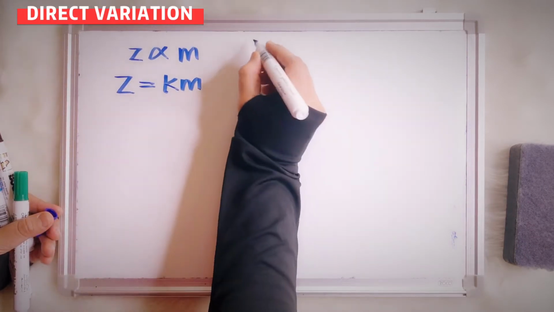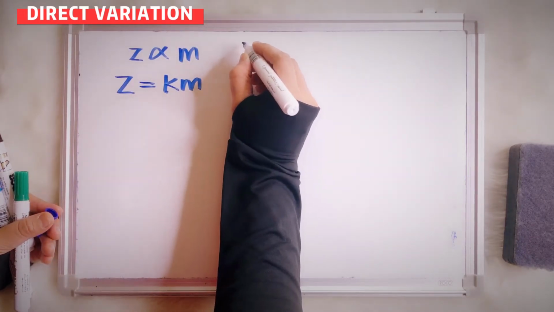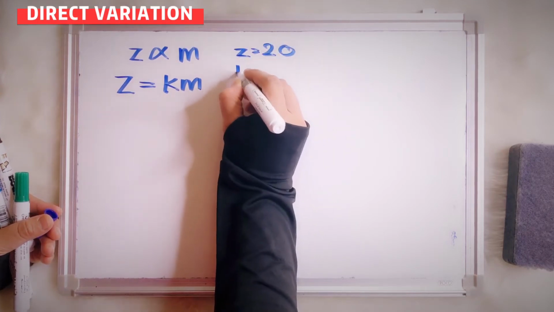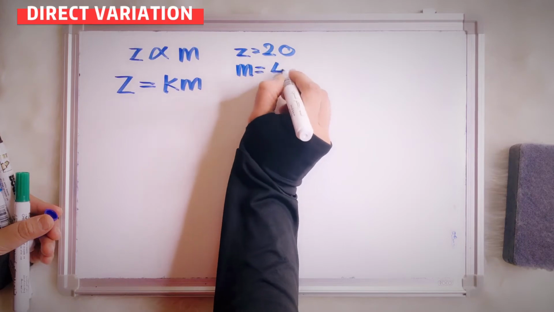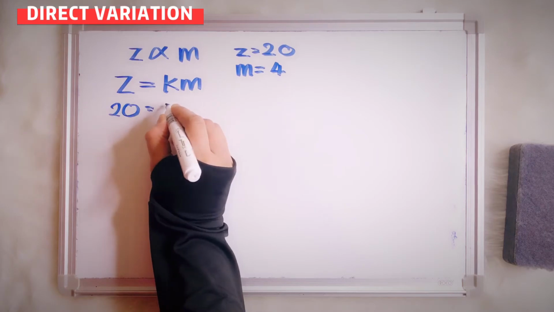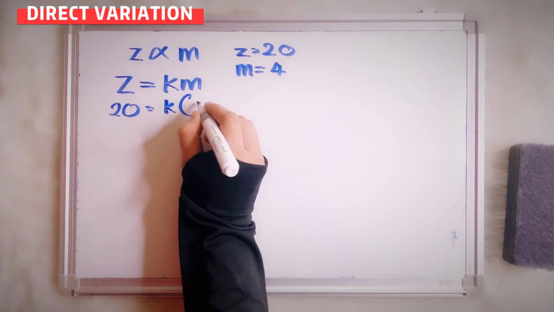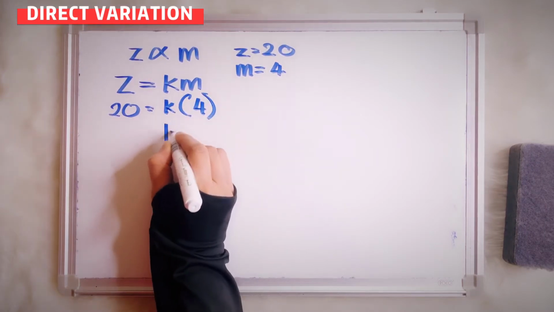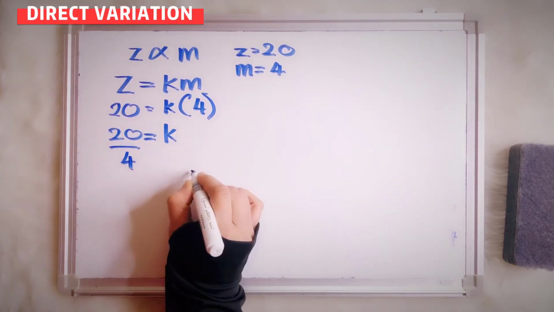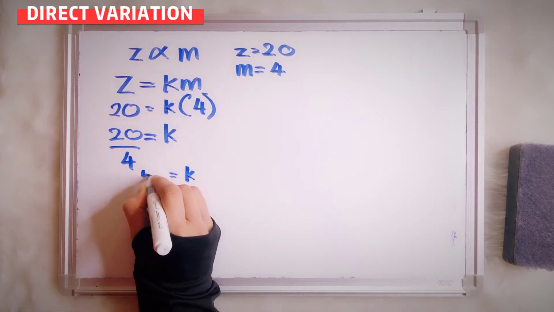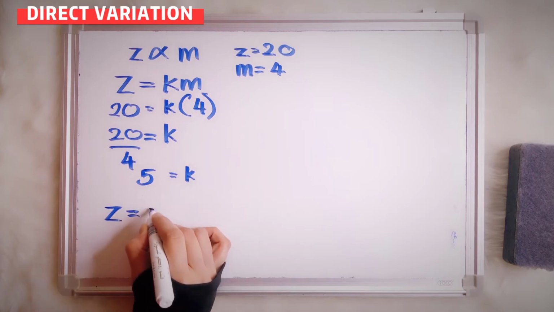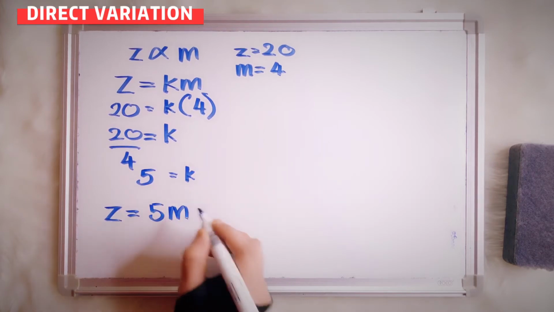Alright, so your z equals 20 and your m equals 4. Okay, so z 20 equals k and your m is 4. So that means your k is 20 over 4. So k equals 5. Okay, your equation now will be z equals 5m.